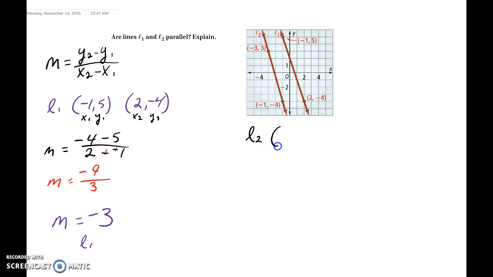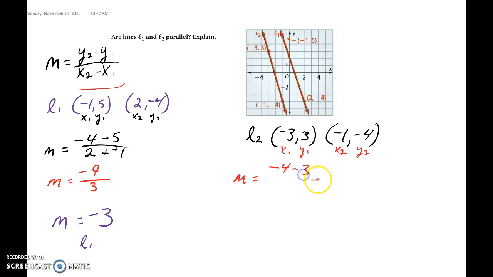Well, the 2 points for our line 2 are -3, 3 and -1, -4. Same thing, we label these x1, y1 and x2, y2, and then plug into the formula, y2 minus y1 over x2 minus x1, so it's -4 minus 3 over top of -1 minus -3.